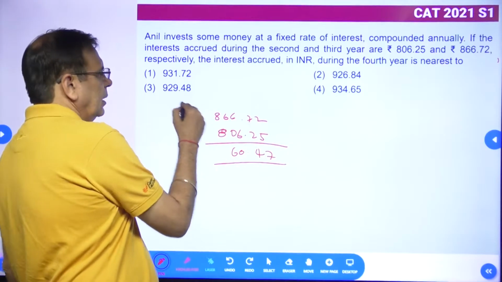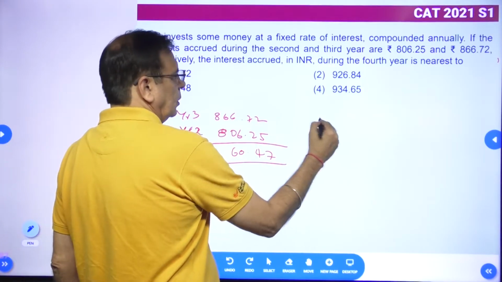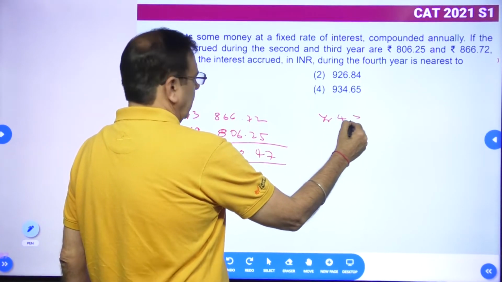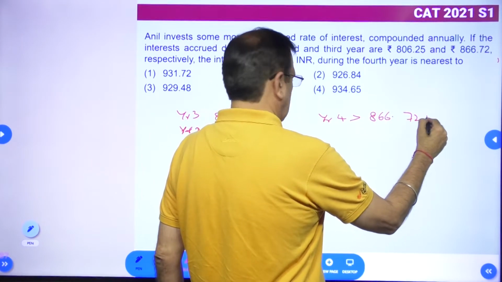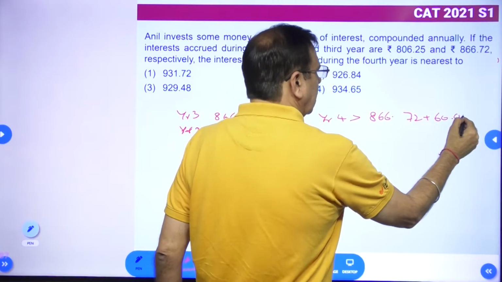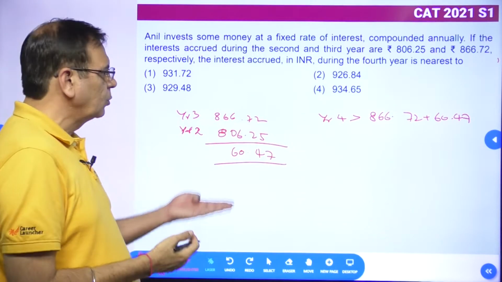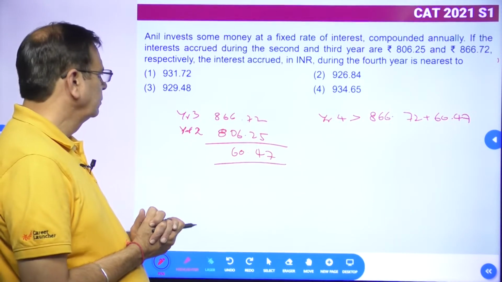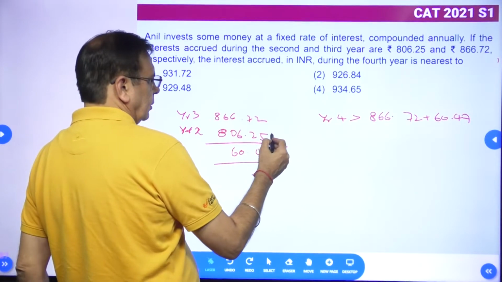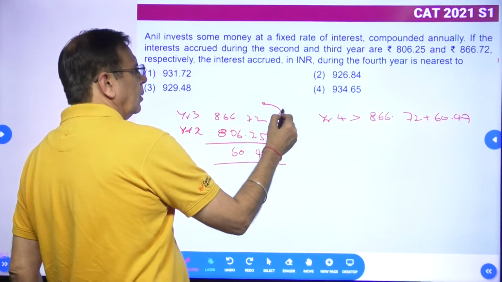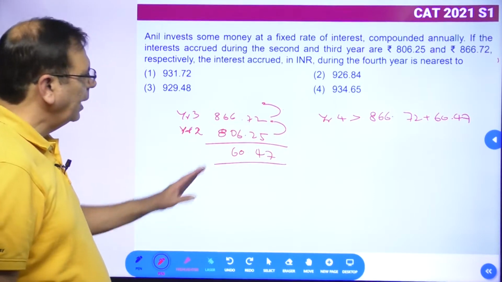Can I say year 4 should be greater than this? The interest which you will receive in the next year is going to be slightly more than this. Okay? This is going to be more than this, by at least this much amount.